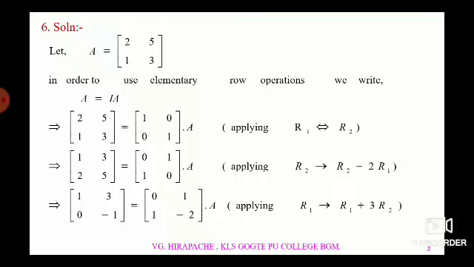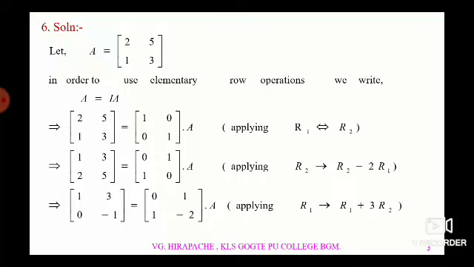In order to find the inverse of a given matrix, we use elementary row operations. In such case, we write capital A is equal to I into A. This implies, let me replace the left hand side matrix A as 2, 5, 1, 3 is equal to the unit matrix 1, 0, 0, 1 into matrix A. In this case, we have to express A is equal to IA in the form of I is equal to BA.